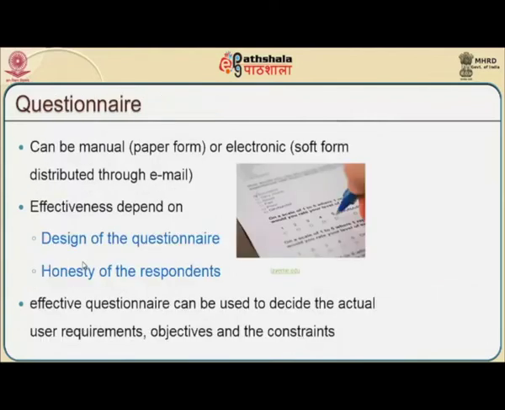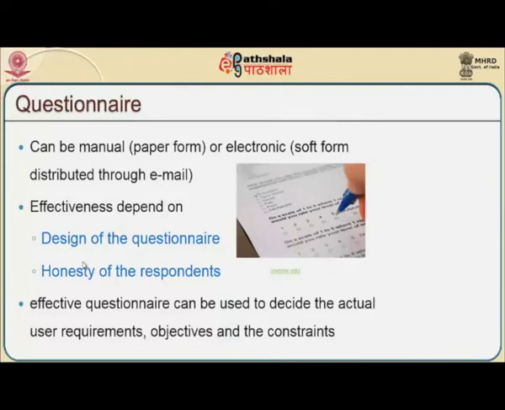The other technique towards requirements elicitation is preparing the questionnaire. When we are about to prepare a questionnaire, we have to be very clear whether it will be in a manual, paper-based form, or in an electronic form by soft copy distributed through email, or we can now create a Google form, where we can fill it up with specified answers, with a text box, with a choice button, with an open-ended button, or some choose-from menu, all these things.